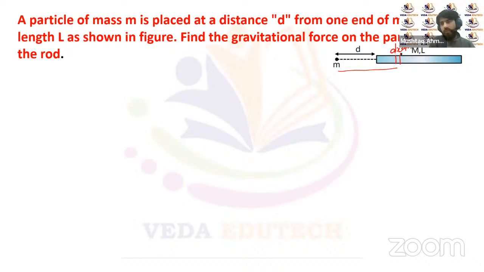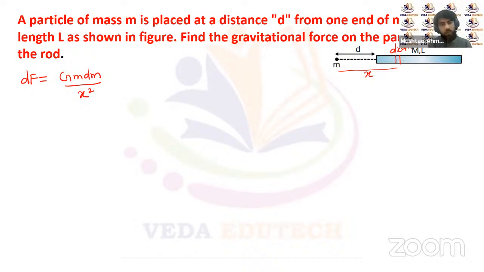Now, because of this dm, the force of gravitation between mass m and mass dm will be a small force dF equal to G times m into dm upon the distance square, that is x square.